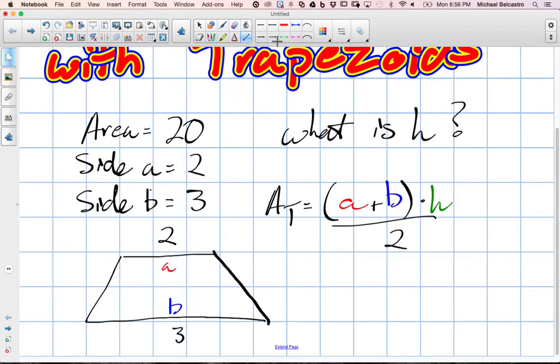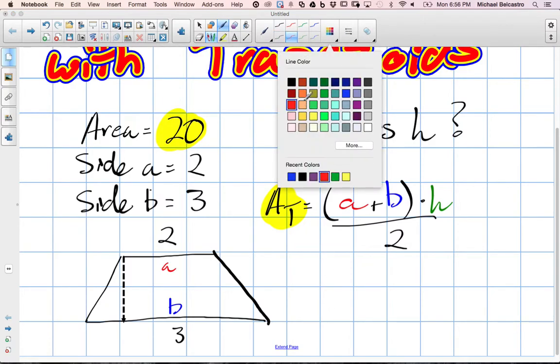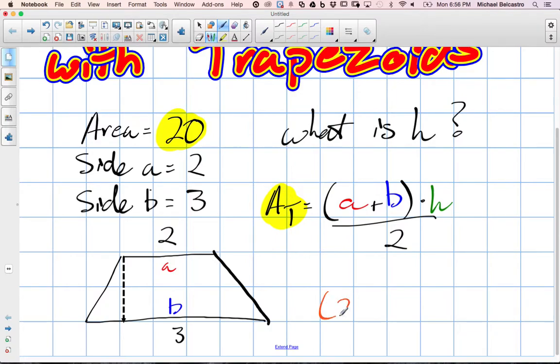What we don't know is the height of this object. So we're unsure what the height is, but we know the total area it fills up is 20. So let's take our information. Area is 20, so we replace area with 20. We'll write that in orange. 20 is equal to our A value.